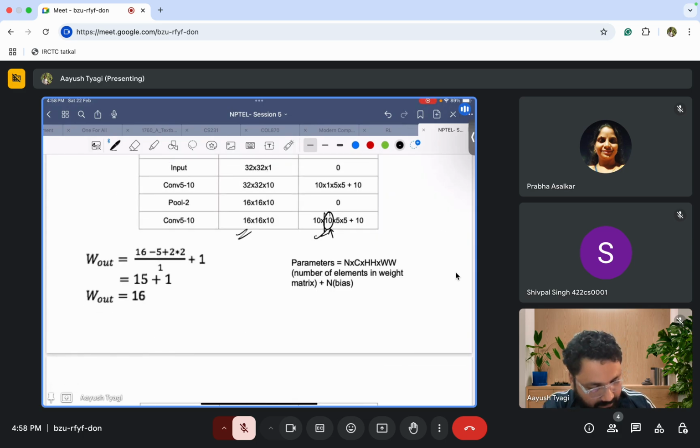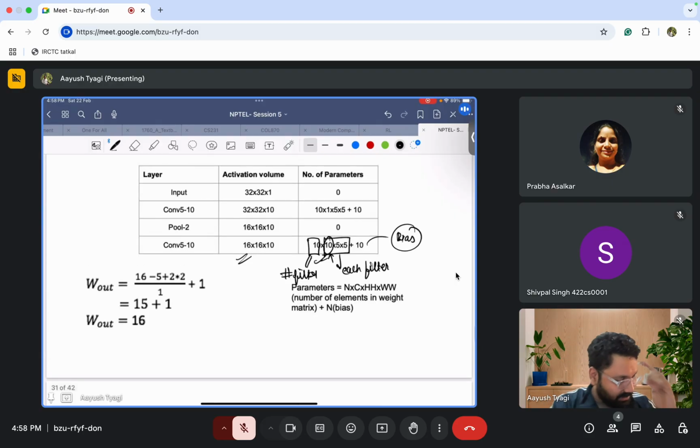So this is the filter size, and there are 10 such filters, the number of filters. And this is the number of parameters in each filter. This is the bias. I also made a mistake here. In the earlier case the number of channels was 1, but now when we are feeding this input, the number of channels is 10.